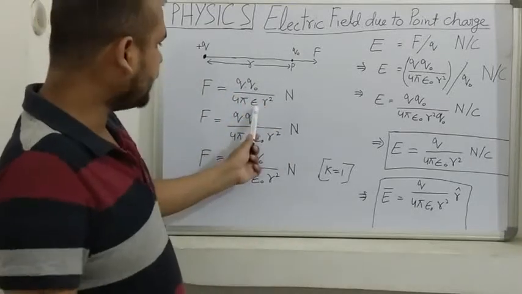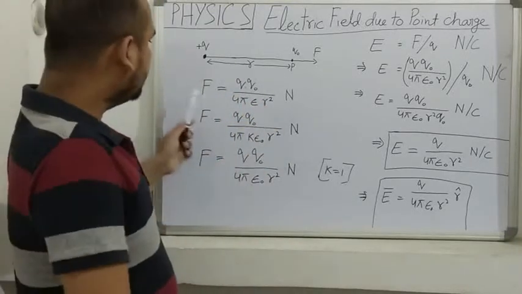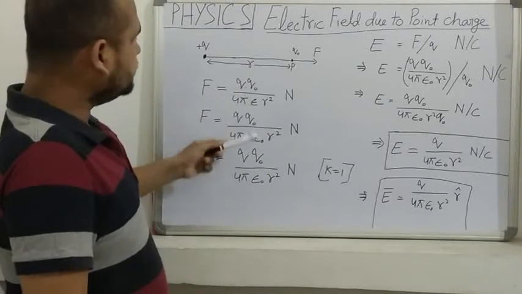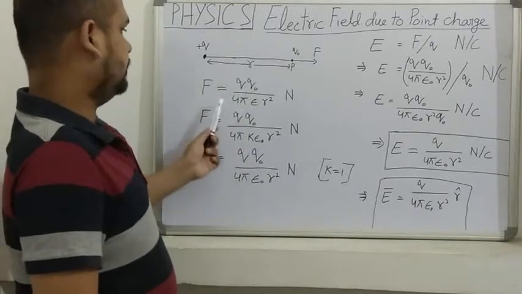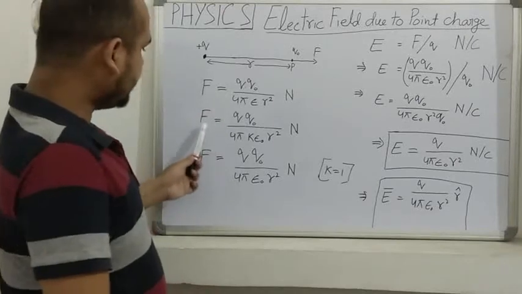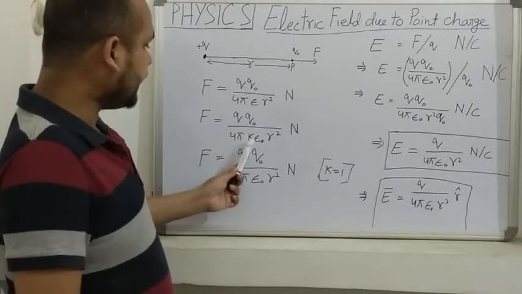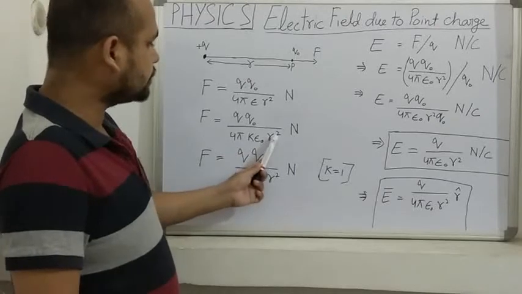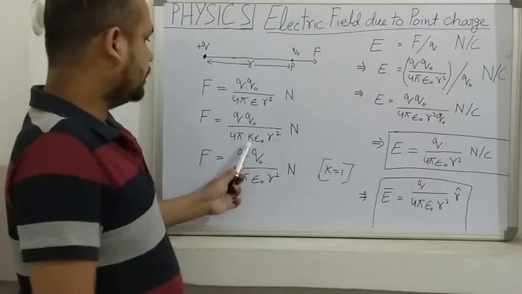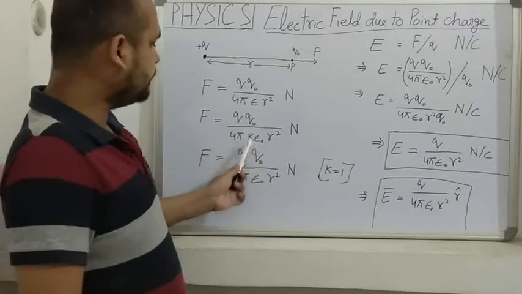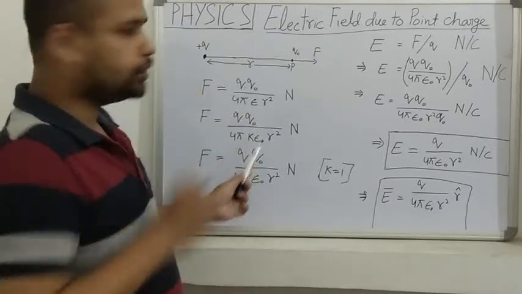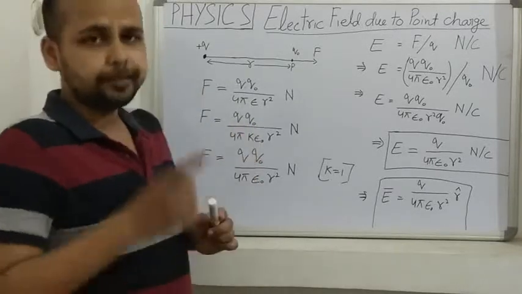That's why I have applied here epsilon. Now further, when we proceed, we can write F will be equal to Q into Q naught upon 4 pi K epsilon naught R square Newton. Here epsilon will be equal to K epsilon naught. I have told you the relation between epsilon and epsilon naught.